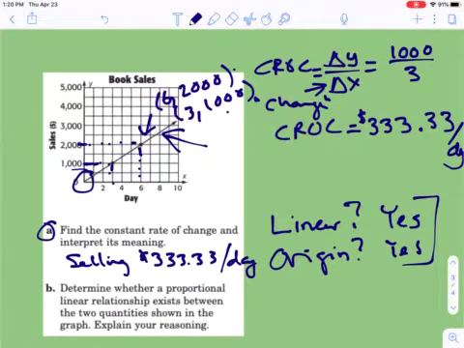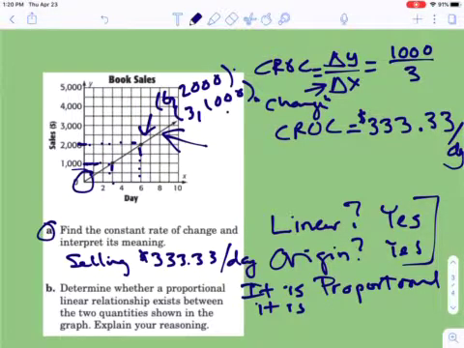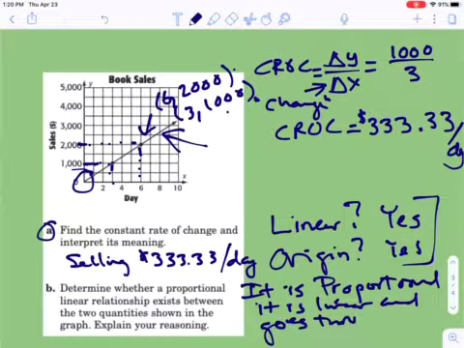Therefore, it is indeed proportional. It is linear and goes through the origin. And you're in good shape. All right, thanks.